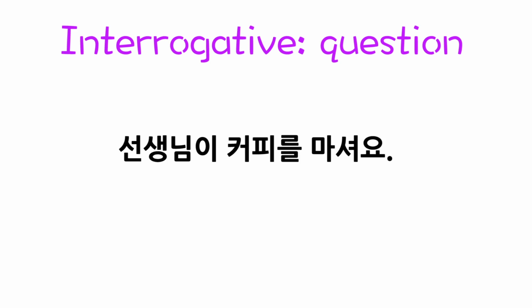To make this into a question in English, you need to use the word does in front, and drinks should be changed to the original verb form, which is drink. Then raise the end. So it becomes, does the teacher drink coffee?